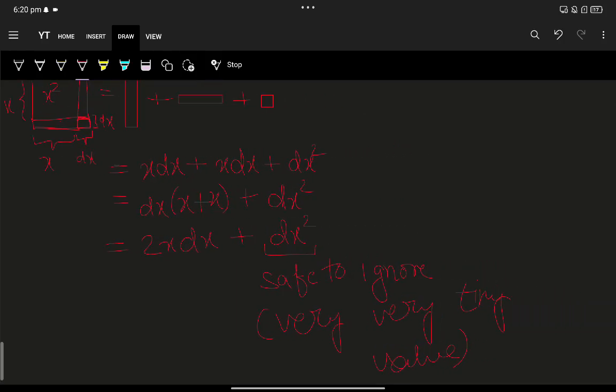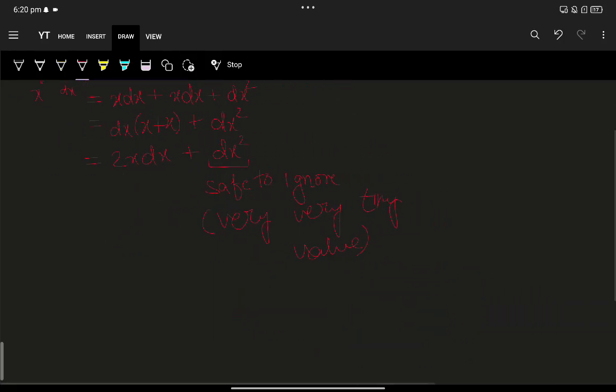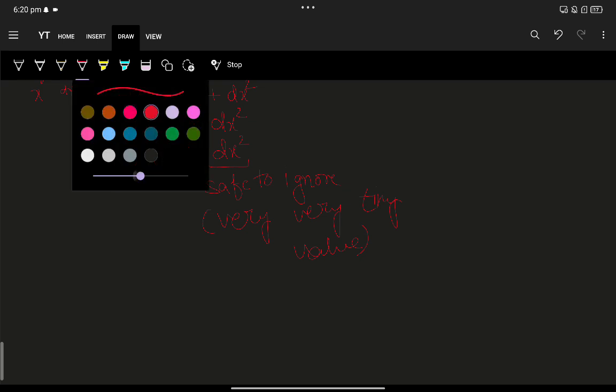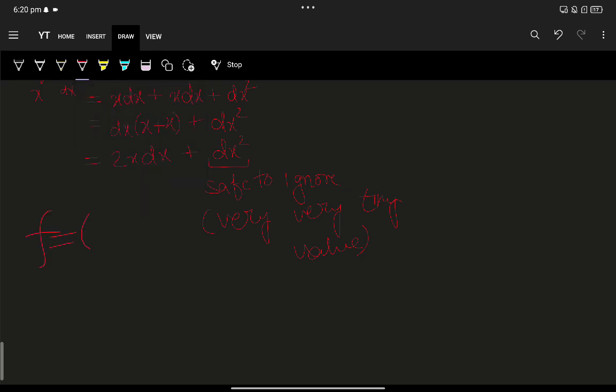Now what we are left with is df, that is a change in the function, and the function here actually is x square. So f is equal to x square, and the change in area, that is df, is 2x dx, right?